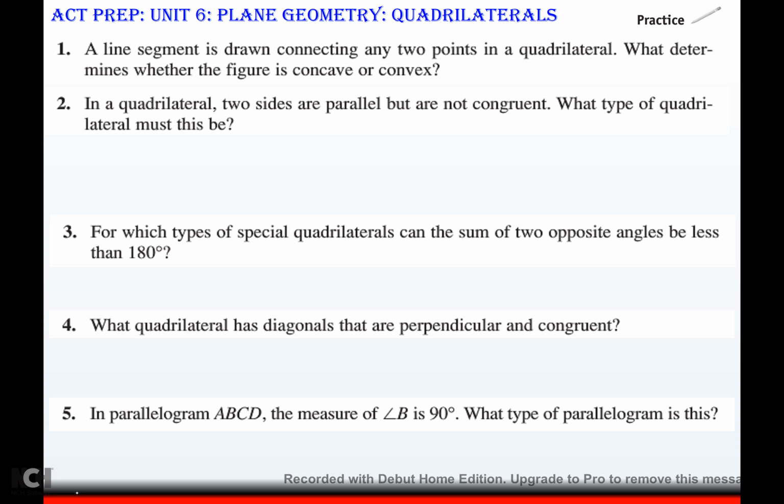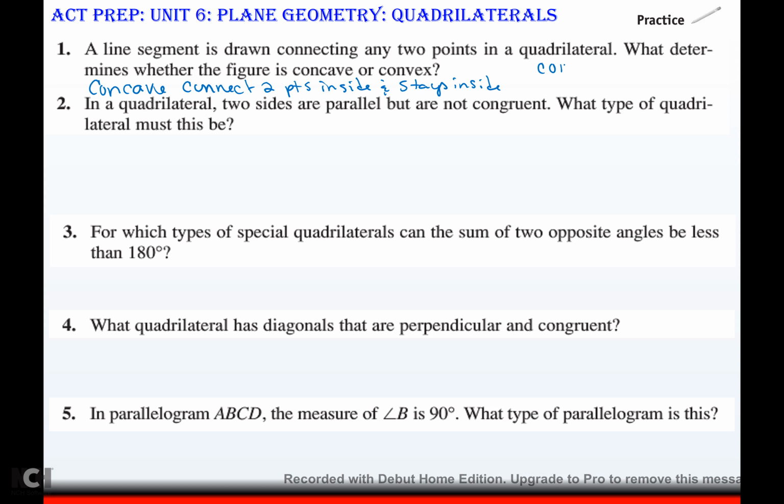Alright, so a little bit of practice. It says a line segment is drawn connecting any 2 points in a quadrilateral. What determines whether the figure is concave or convex? It is convex when you can connect 2 points inside and it stays inside.